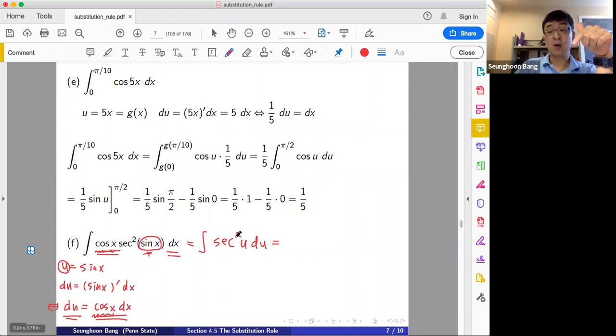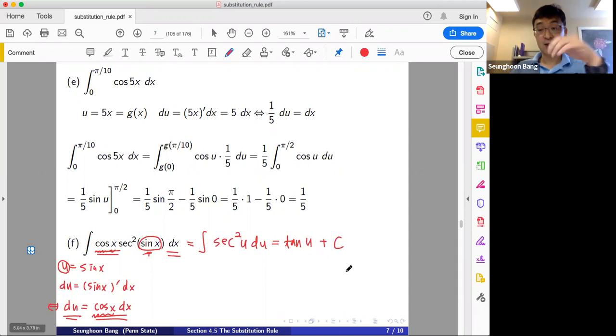Do you remember what the integral of secant square of x dx is? Yeah, tangent, you're right. The integral of secant square of u is tangent of u. One more, this is an indefinite integral, always write c. Tangent of u plus c.